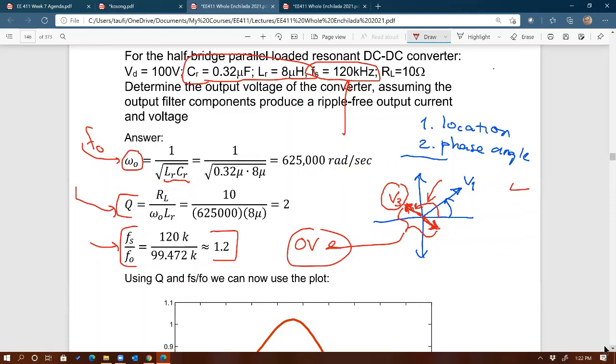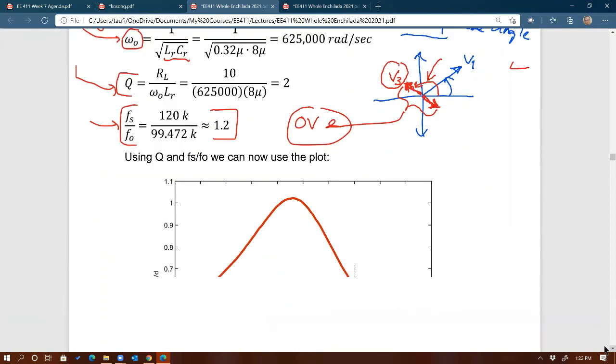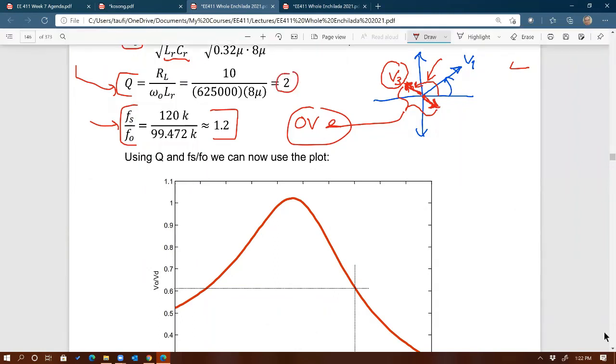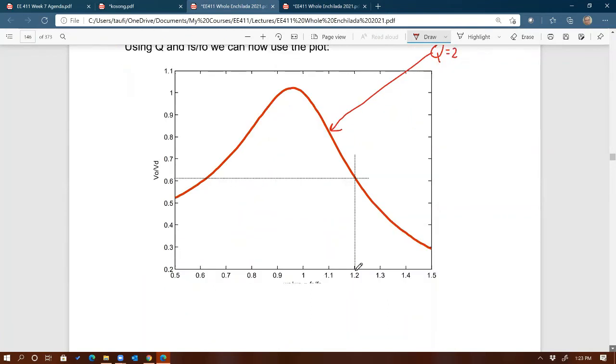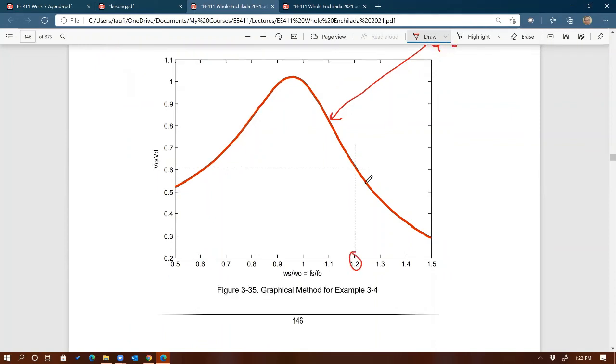So then we need to estimate the output voltage. Knowing those values, Q equal to 2, I used MATLAB to generate the curve or the graph at Q equals 2 right there. From there I can go to this point 1.2, the ratio of the frequencies, and draw a straight line up until it intersects with the graph, and then straight across to give you the ratio of the voltages, V out over VD.